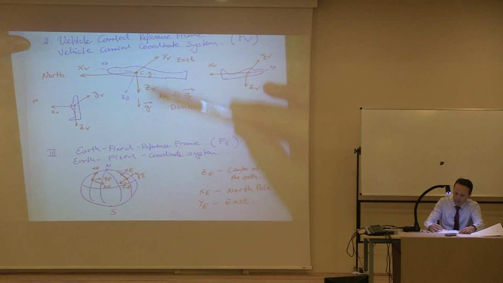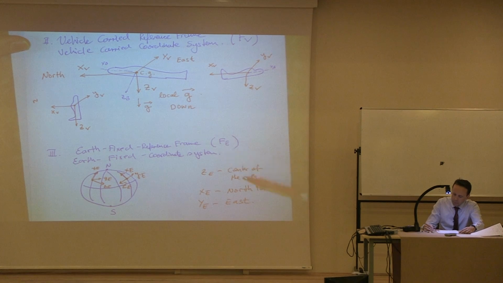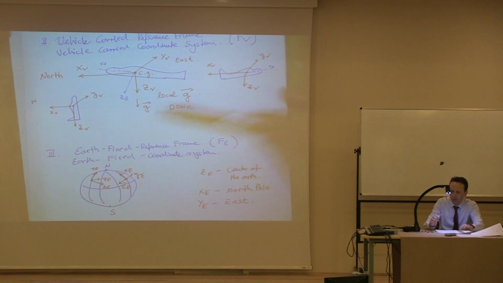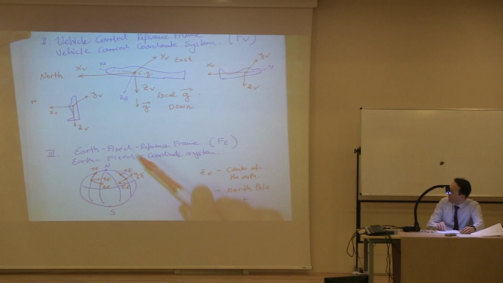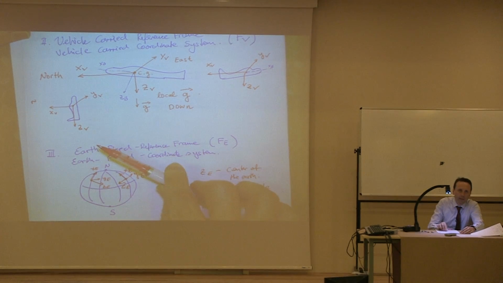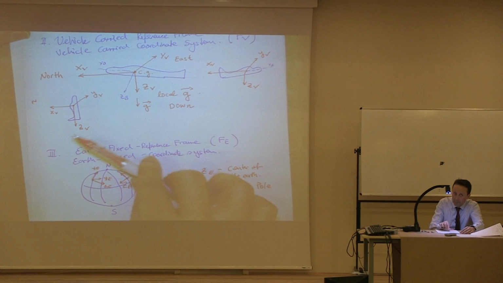ZV is pointing towards the center, local gravity vector, so is this one. This is only true when they're on top of each other, or you made a flat Earth approximation. Of course, when the airplane starts moving around the Earth, then they are not parallel anymore. You see that, right?